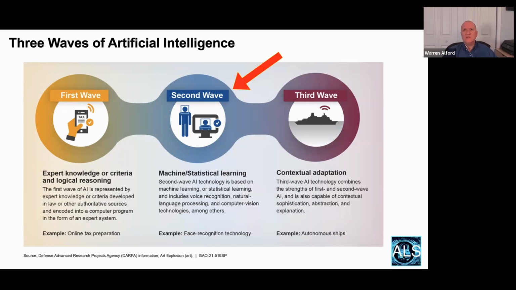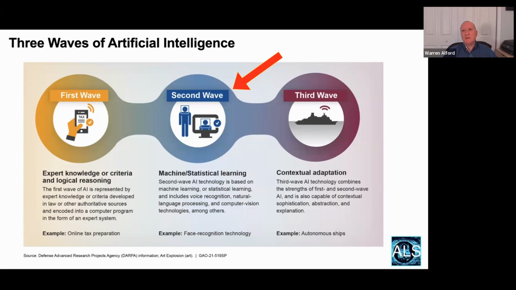This wave is more based on statistical learning and machine learning, and it integrates the natural language processing, the computer vision, and some other parts of it that we'll talk about. And then the third wave, as defined by DARPA, is the contextual application. So this takes really the first and second wave and it builds on that to be more sophisticated and to really act more as a human mind would.